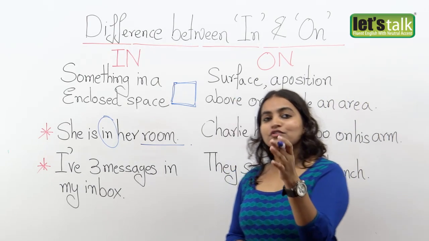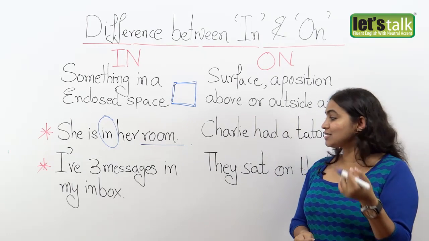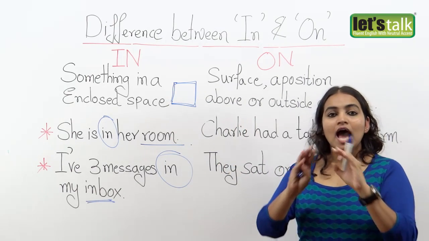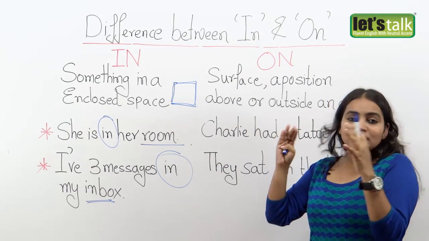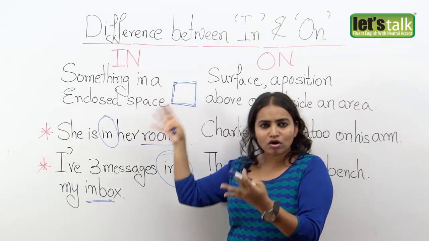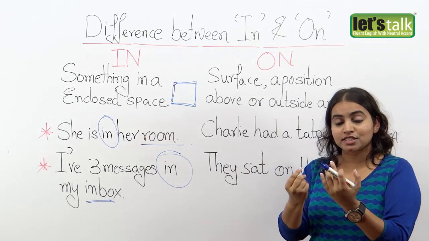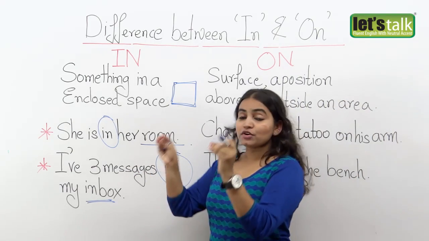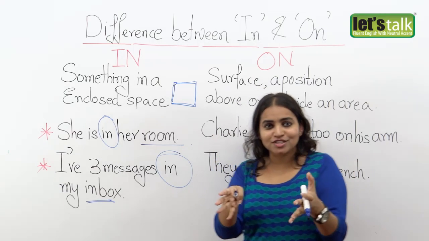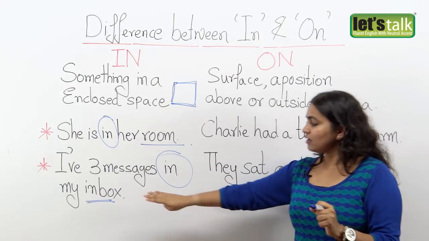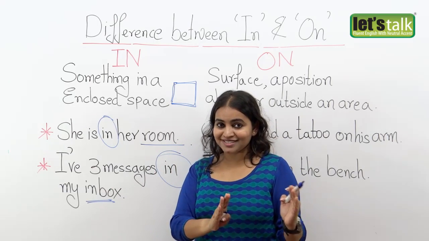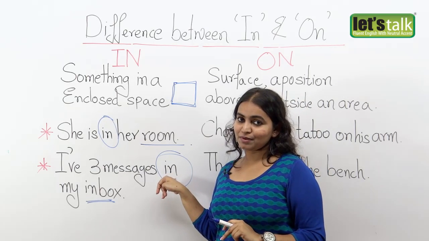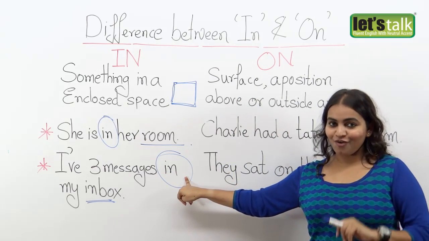You say, I have 3 messages in my inbox, because we're talking about an inbox being an enclosed space, but not a physical space like a room or a box is, but a virtual space. We're talking about the memory of your inbox, which means that there is only a certain number of messages that can be contained in your inbox at one point of time because it's got a virtual limitation to it. And therefore, I will use the preposition in and not on.